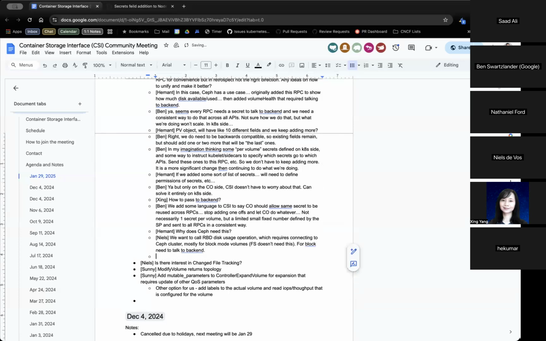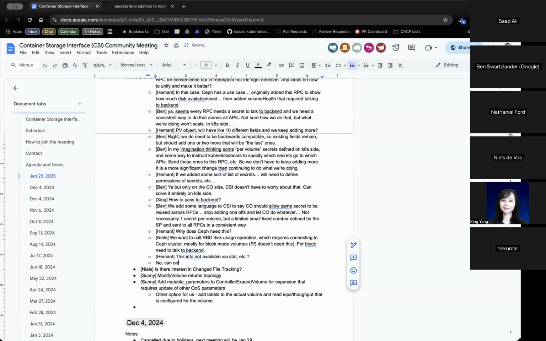This information is not available on standard stat or df. You can only attach a block device, get the device node, and get the size of the disk, but that doesn't tell you if the disk was sparsely allocated or thin provisioned.